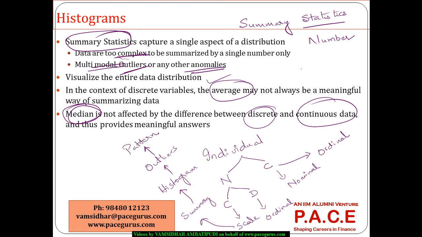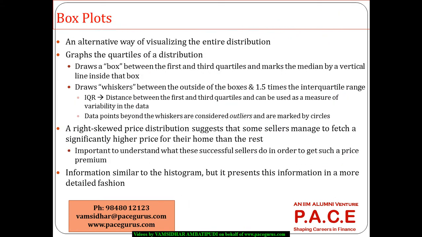These kinds of things can come out by doing the histogram as well as the summary statistics. But when you are going with categorical data, either I go with a simple frequency analysis, which is the frequency tables, or I should look at a graphical representation called a bar chart. So this is what needs to be looked at, trying to understand the pattern in the individual variables first before we progress into anything else.